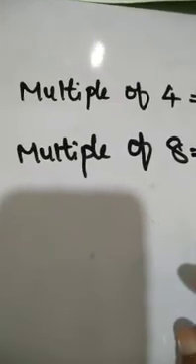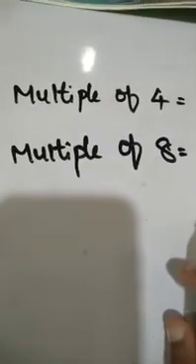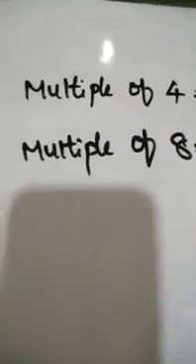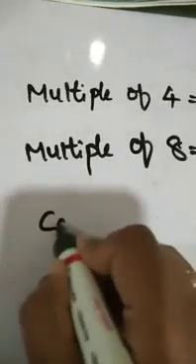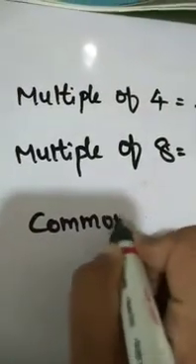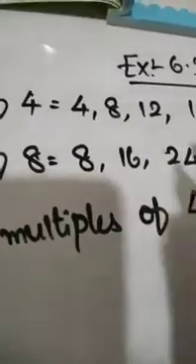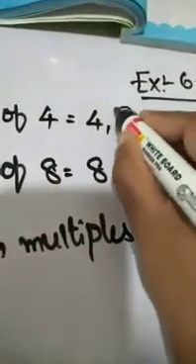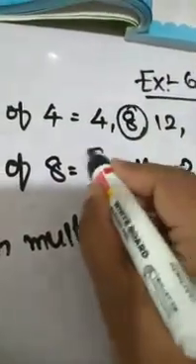So we have to find the common multiples of 4 and 8. The first common multiple is 8, which is in both 4 and 8.